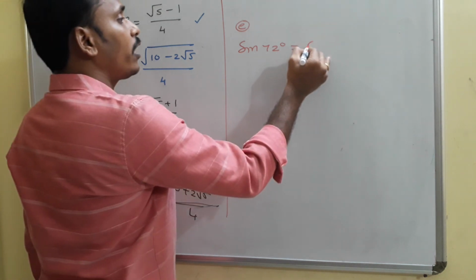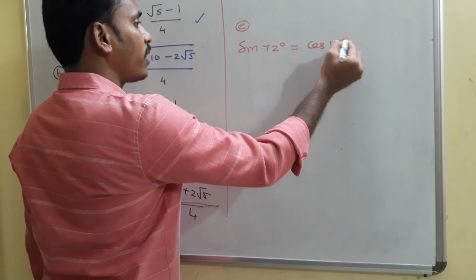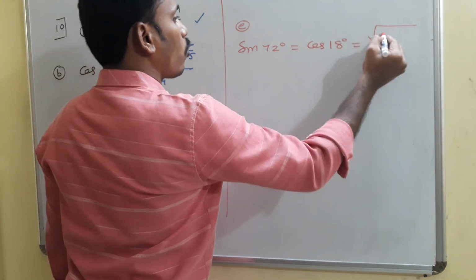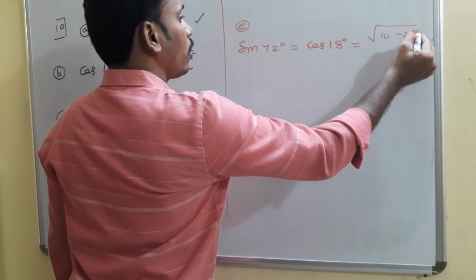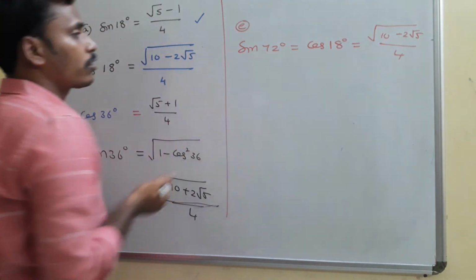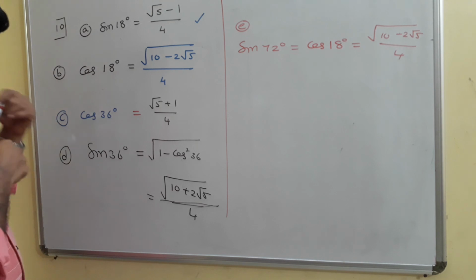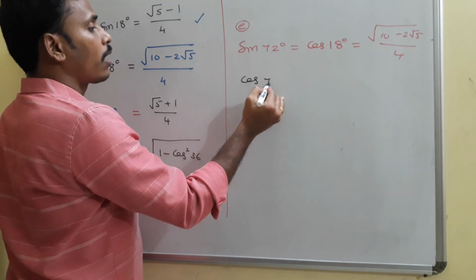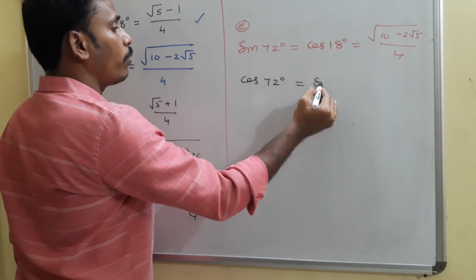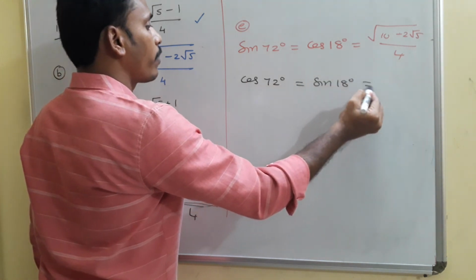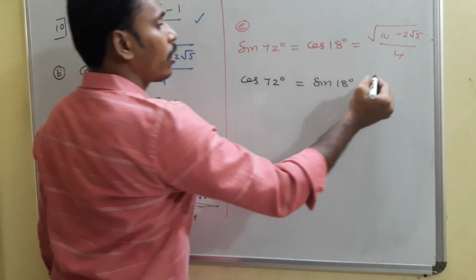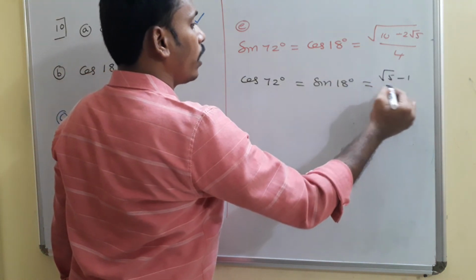So sin 72 degrees equals cos 18 degrees, and that cos 18 degrees equals square root of 10 minus 2 root 5 by 4. So sin 72 and cos 18 both are the same actually. Okay. And in a similar way, cos 72 degrees equals how much? Sin 18 degrees. Cos 72 and sin 18 both are the same, and its value is root 5 minus 1 by 4.